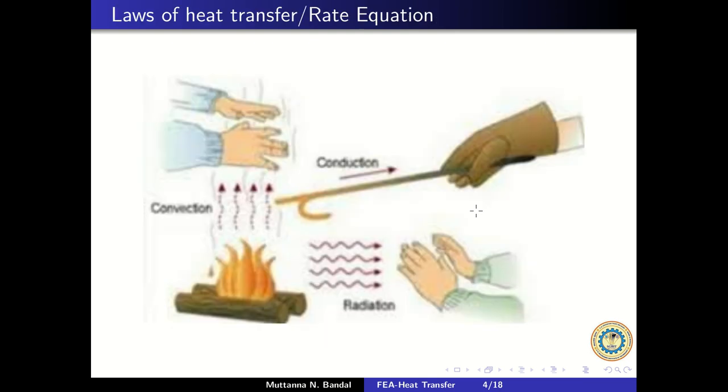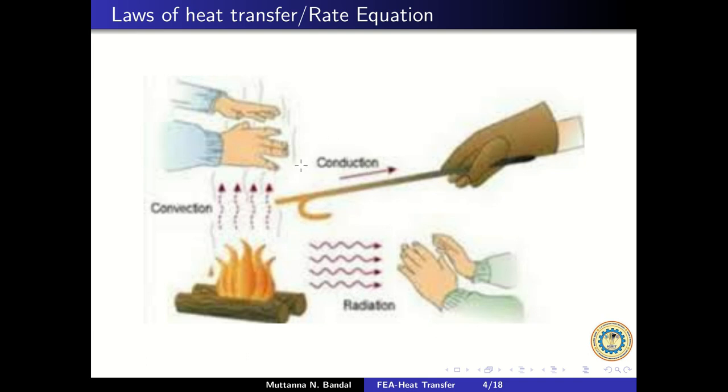Now let us consider, just have a look at this image. Here in the picture you can see a hand which acts as a natural sensor to sense the temperature.